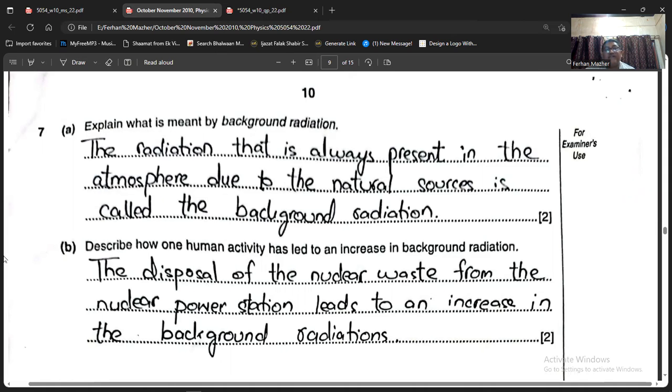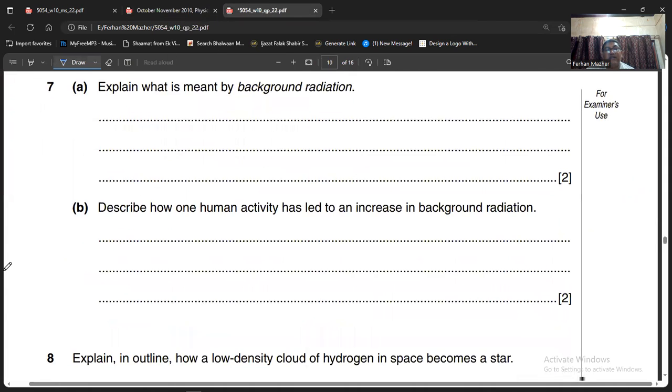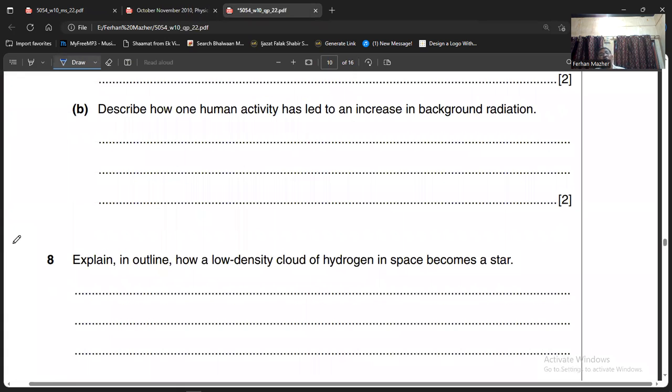Okay, question number 7, and its B part is, describe how one human activity has led to an increase in the background radiation. You see, there are so many human activities which have increased the background radiation.